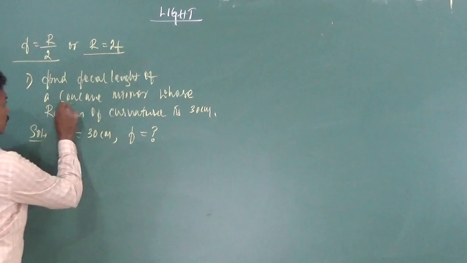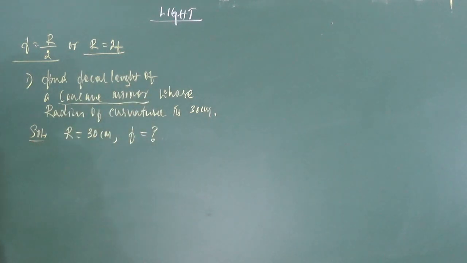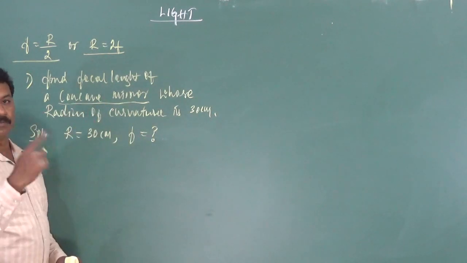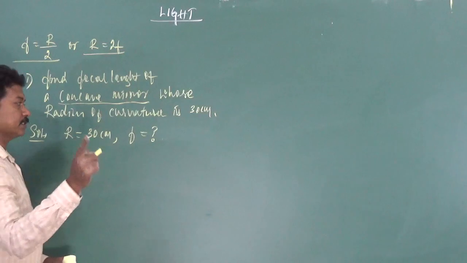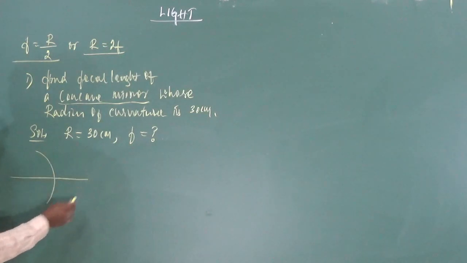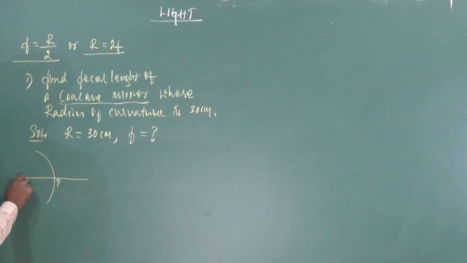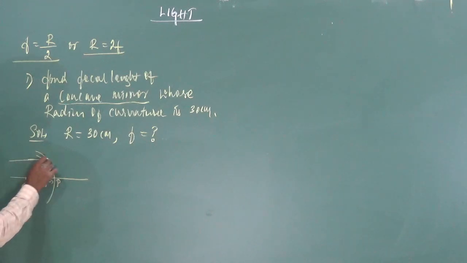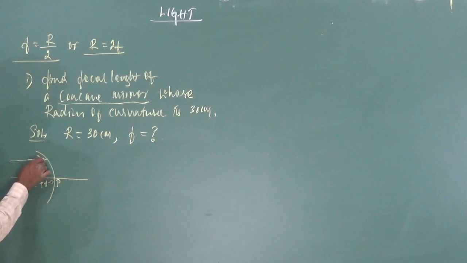So it is mentioned that it is a concave mirror. So in a concave mirror, is focal length always positive or negative? It is always negative, because in a concave mirror, if this is the principal axis, this is the pole of the mirror, this is the center of curvature, and this is the principal focus, and the distance between P and F is focal length, and you are measuring in the direction opposite to that of the incident light rays.